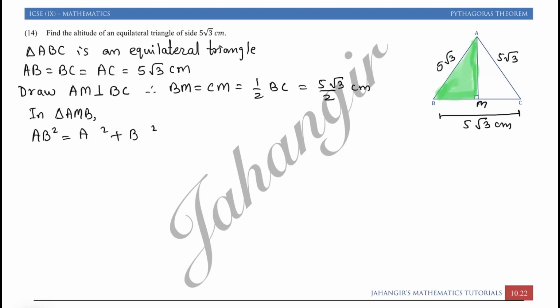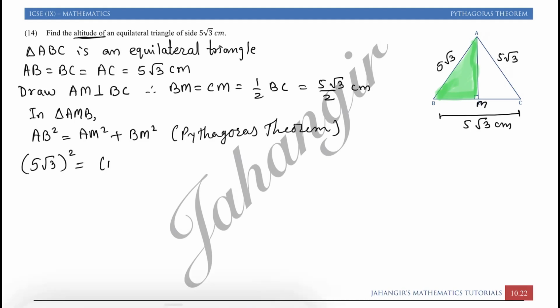So in triangle AMB, AB square is equal to AM square plus BM square. Reason is Pythagoras theorem. So therefore AB is 5 root 3 whole square. AM we have to find, the altitude. We have to find the altitude of an equilateral triangle.